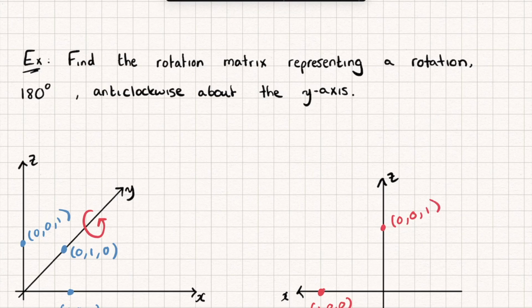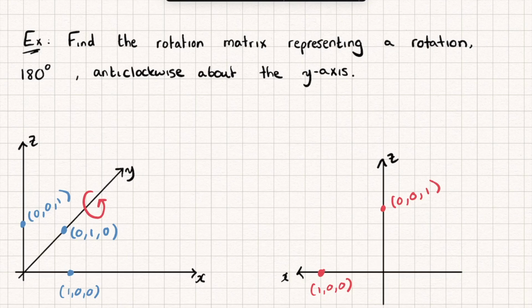Now we're performing a rotation of 180 degrees anti-clockwise. My point 1, 0, 0 is going to rotate around 90, 180 and become over here at the point negative 1, 0, 0. This is quite strange because this is the positive direction of my x-axis. Hopefully you can imagine if I was to look down this y-axis, then this positive x direction would be to the left, but that's not usually what we're looking at.